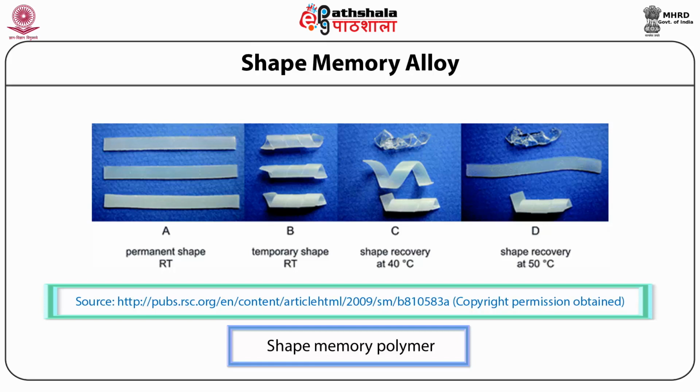Figure A shows a permanent shape at room temperature. Figure B shows a temporary shape again at RT, and then figure C shows the shape recovery at 40 degrees Celsius. Finally, when the temperature reaches 50 degrees Celsius, the shape recovers fully by itself.